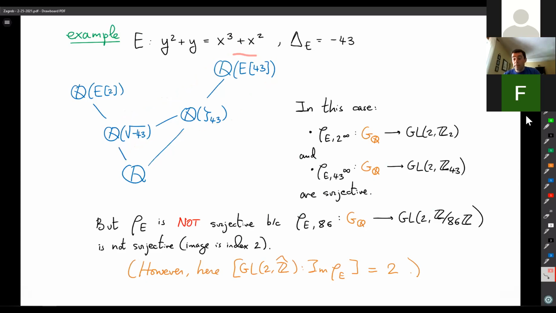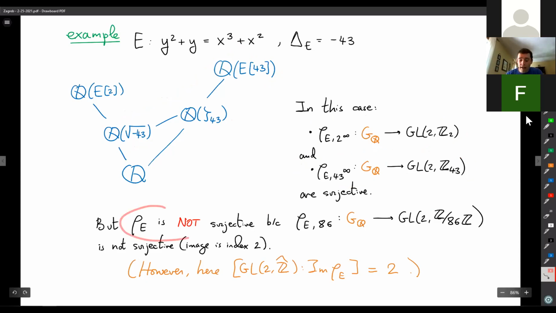It turns out that the 2-adic image, by Rouse and Zureick-Brown, is surjective. The 43-adic image is surjective, it turns out.